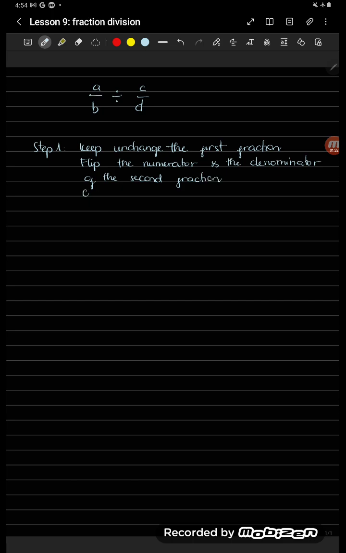And then we change the sign division to the sign multiplication. Okay, so actually we do something like that: a over b times d over c.